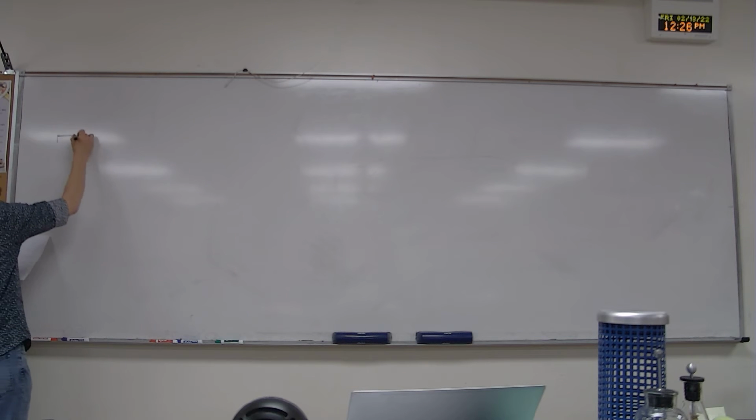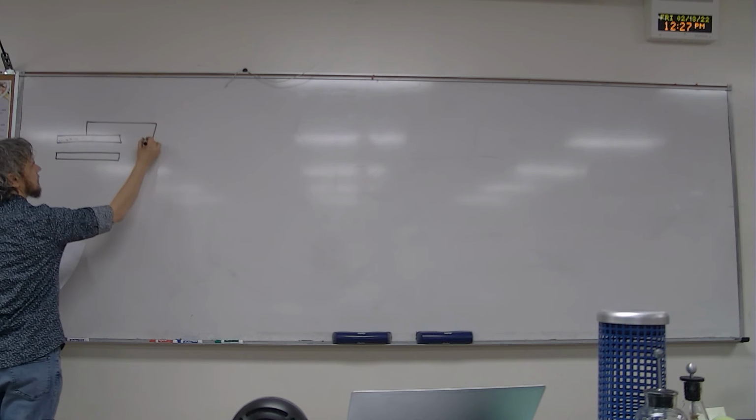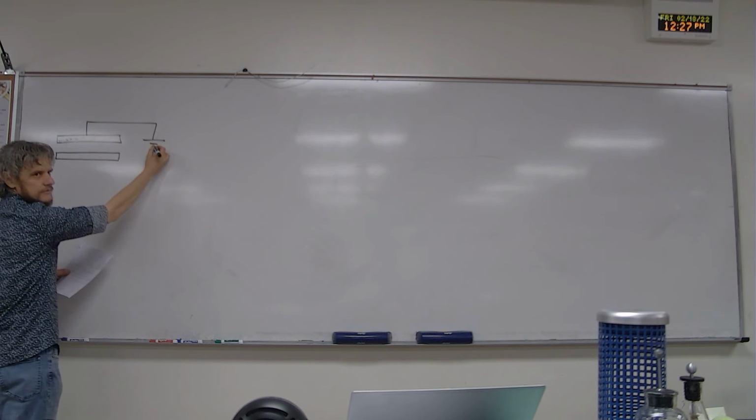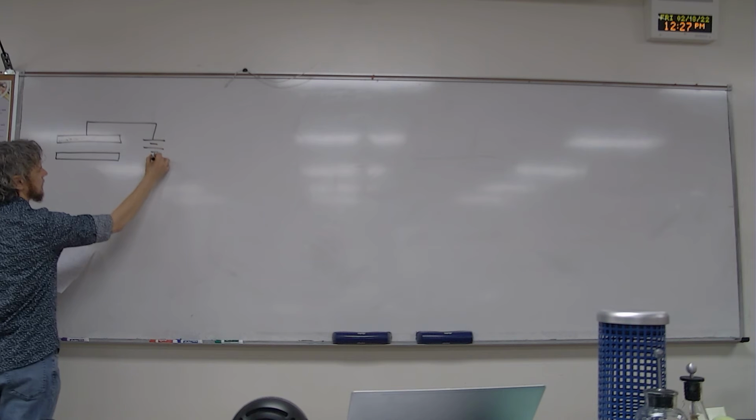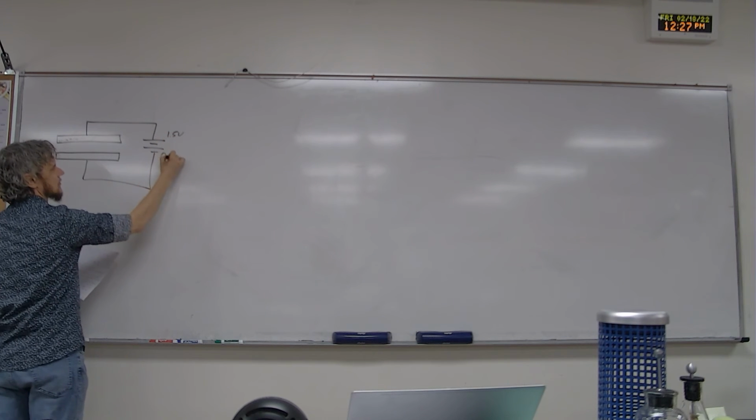Now, I will note, whenever I charge a capacitor, let's say it's an uncharged capacitor first, and then I wire it to a battery, and this is 1.5 volts and 0 volts.